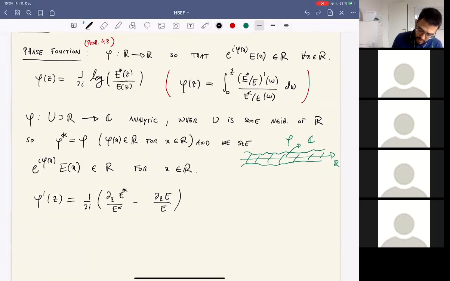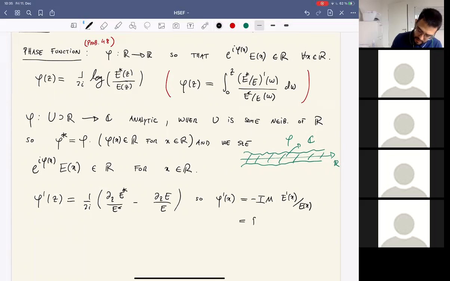But then if you put it on the real line of x, this is nice because it is just the function minus its conjugate, divided by 2i, so you can see that this is exactly just minus the imaginary part of E'(x)/E(x).